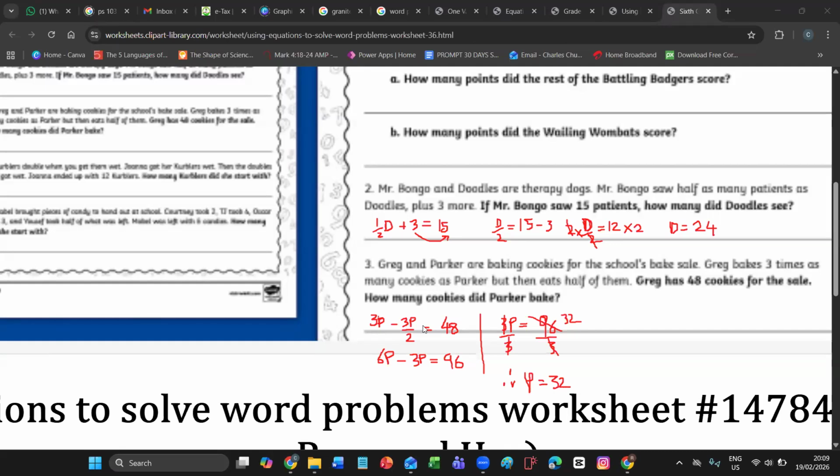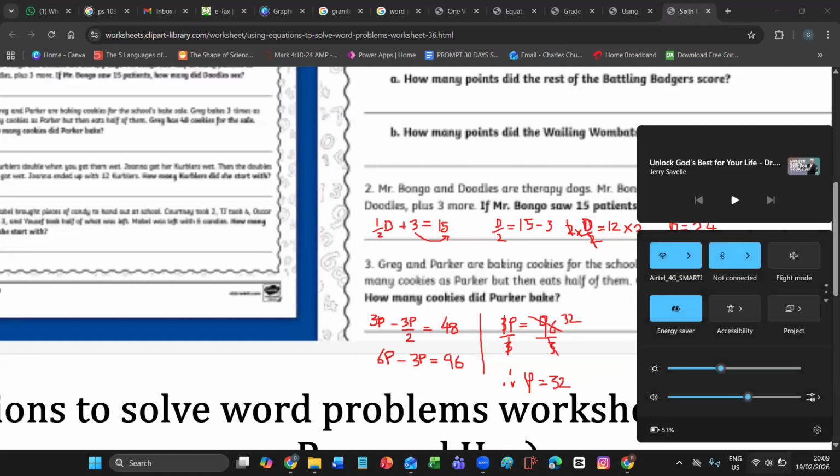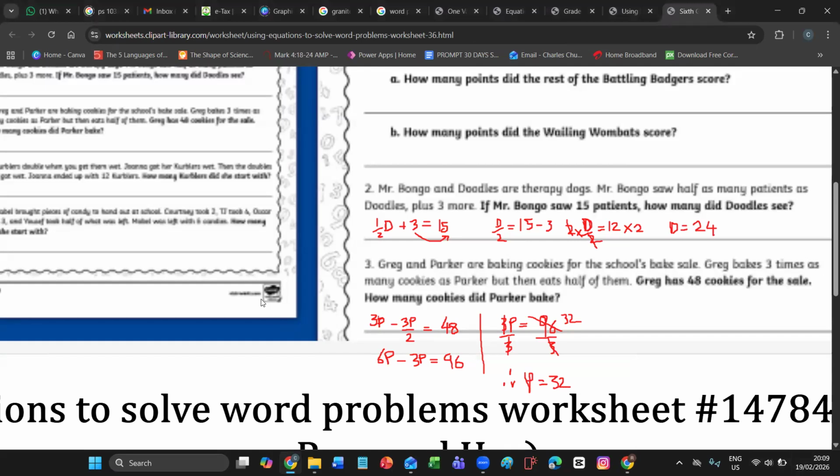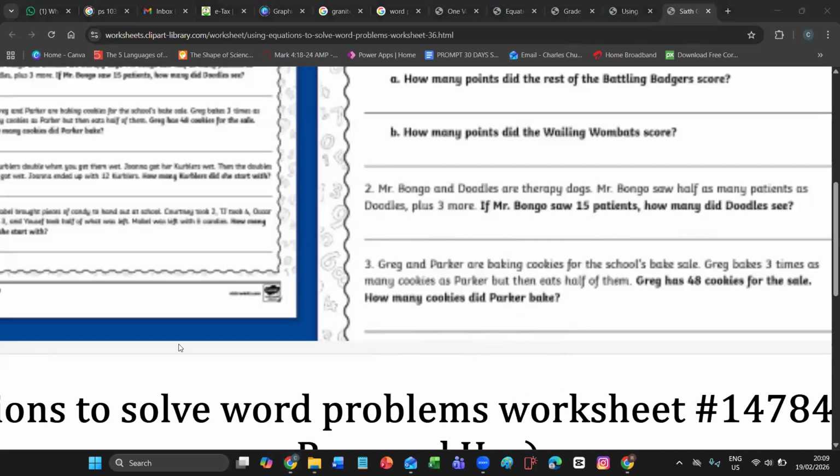All right, so let me see how long my battery can take. Okay, it's not going to show. So let's see if I can manage one more pair of questions. Zoom out.